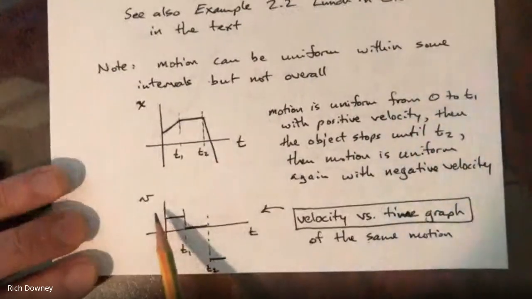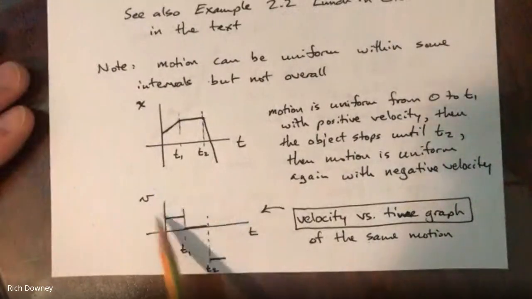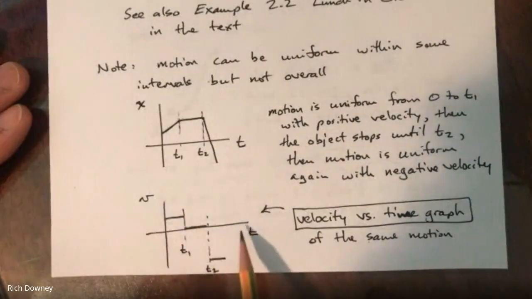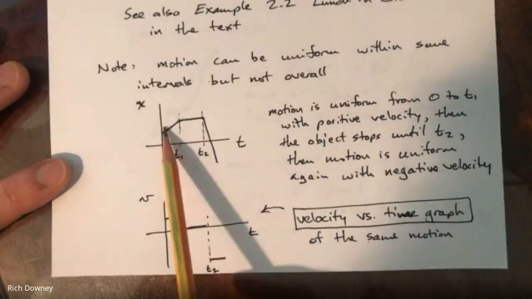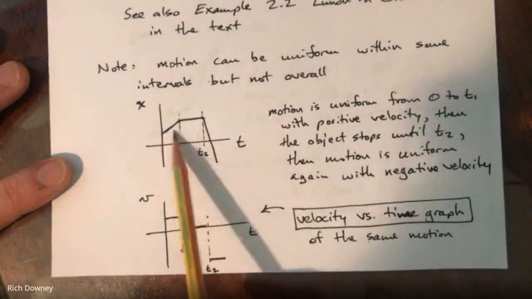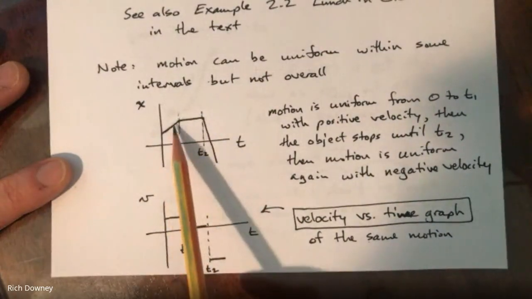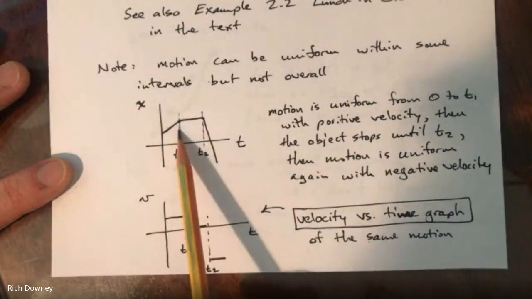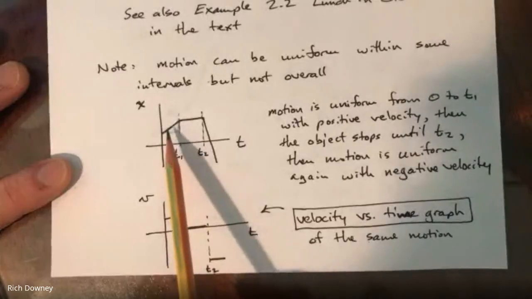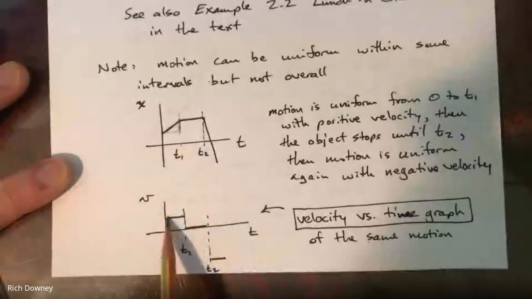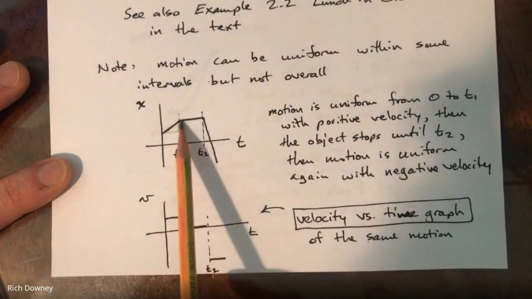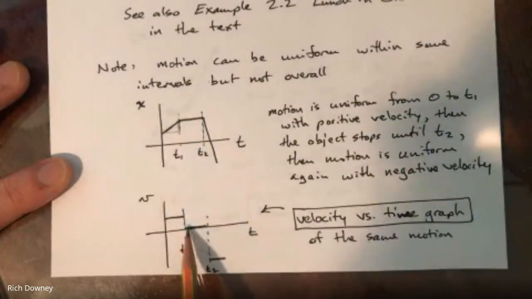And if we were to make a velocity versus time graph, this is the main topic of the next section. We haven't seen this before, but if we were to make a velocity versus time graph, we would be showing what is the velocity during these different time intervals. And the velocity during this interval, from 0 to t1, we would get from the rise over the run, the slope of this part of the graph. And that's a positive slope, so it's a positive velocity. In this interval, the slope is 0, and so the velocity is 0.